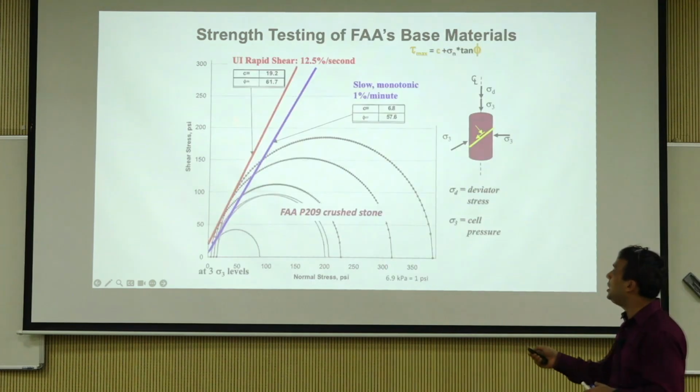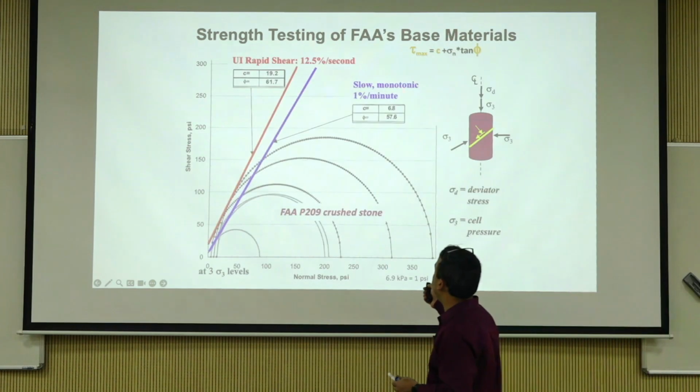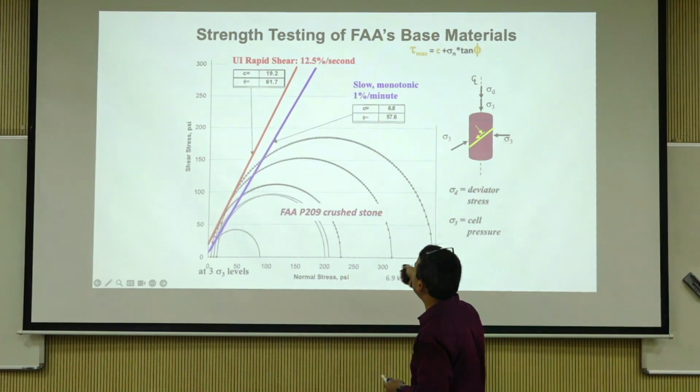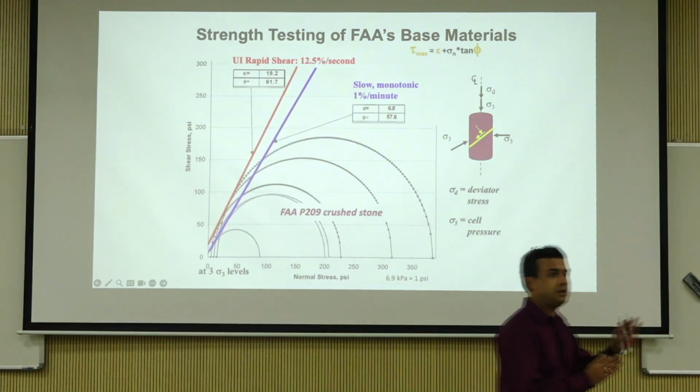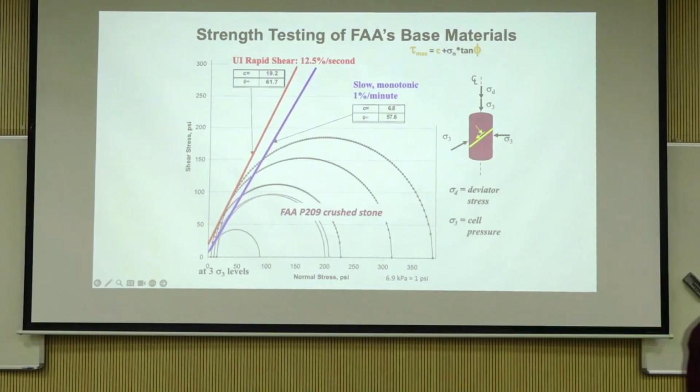But the good news is this is for aggregate based materials. In a slow monotonic test at 1% per minute, you get about 57.6 and 6.8. Here you are getting about 61.7 and 19.2. So very close in friction numbers. So for aggregates, when drainage is pretty much guaranteed, where excess pore water pressure is not a problem, you can increase the shear strain rate and still get by quite comfortably.